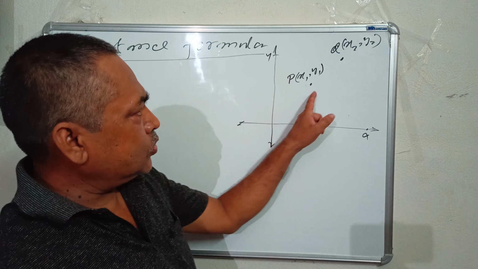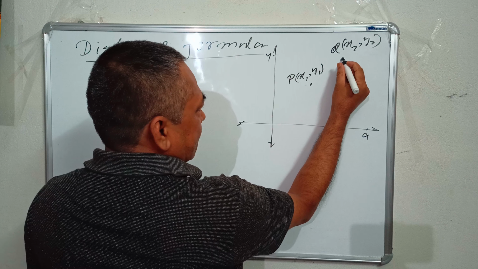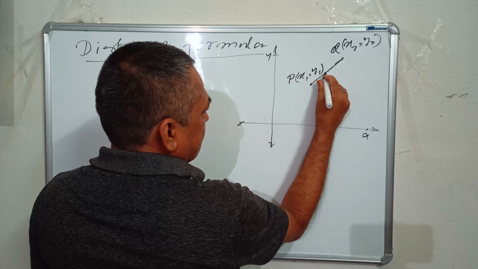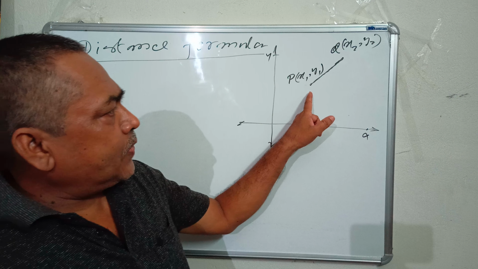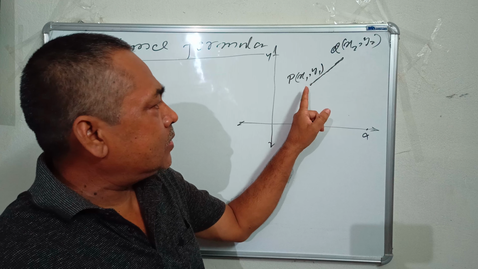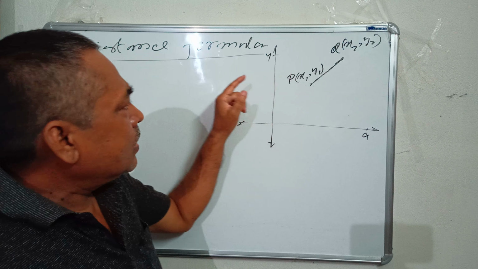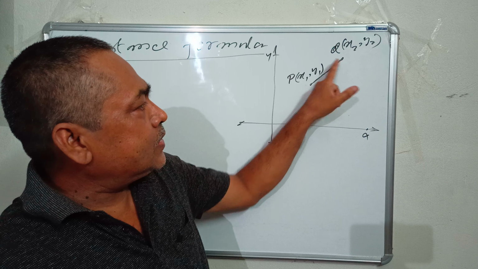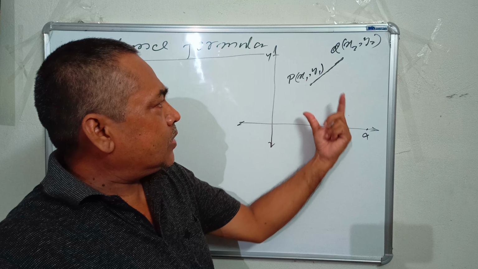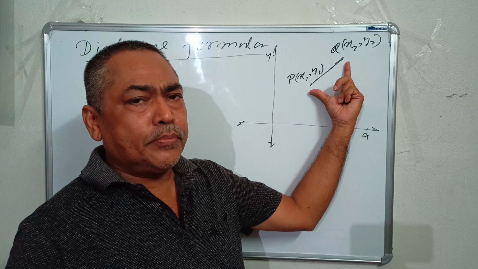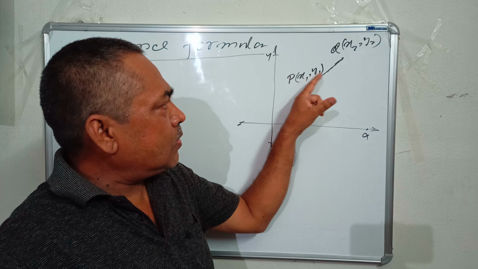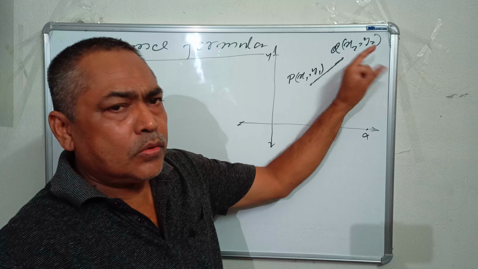Let us join these 2 points. The length of this line segment joining these 2 points is the distance between P and Q, equal to the length of line segment PQ.